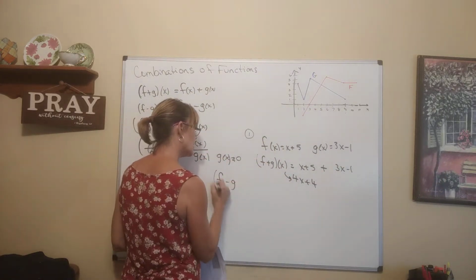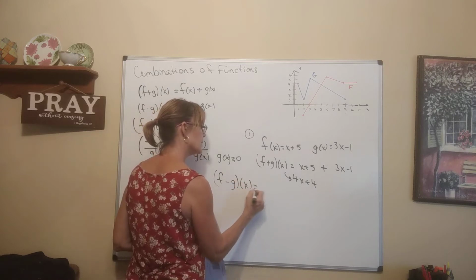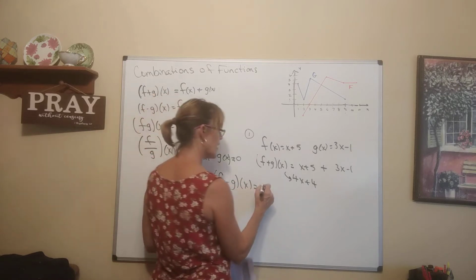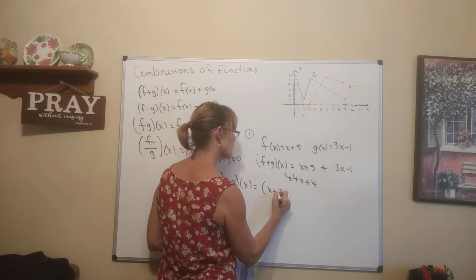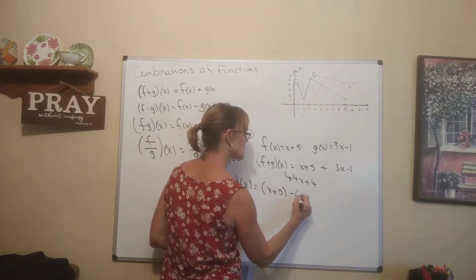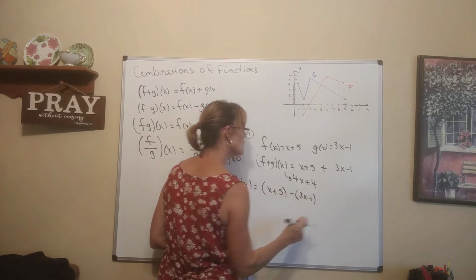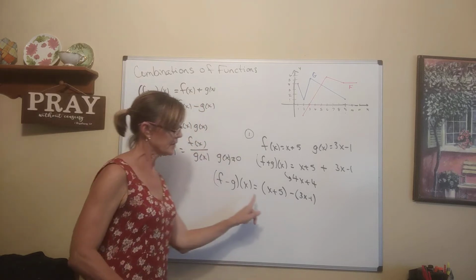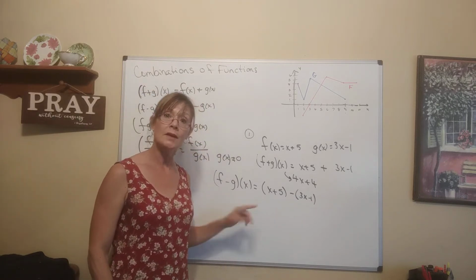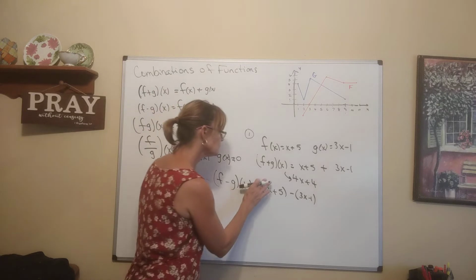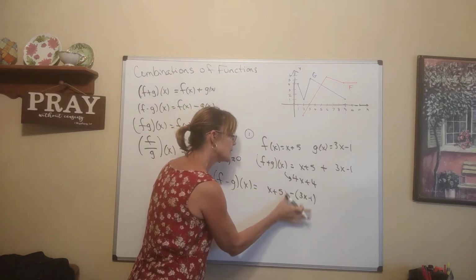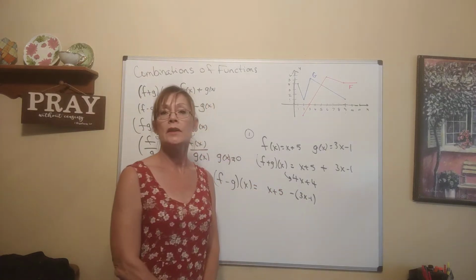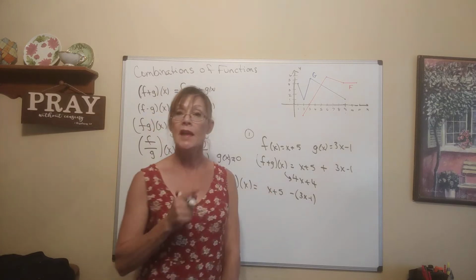F minus g of x is just f of x, x plus 5, minus g of x, 3x minus 1. Now I want you to watch carefully here. On this first set of parentheses, there's a positive 1 in front, which means I don't really need them. On this set of parentheses, I do not find a positive 1. I find a negative sign, which means -1.